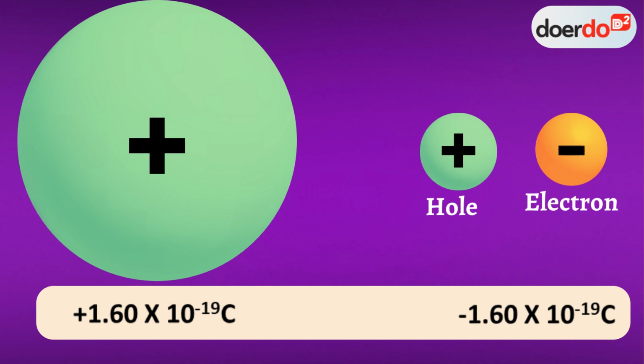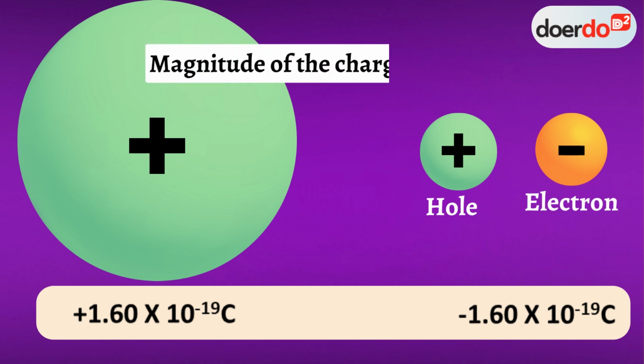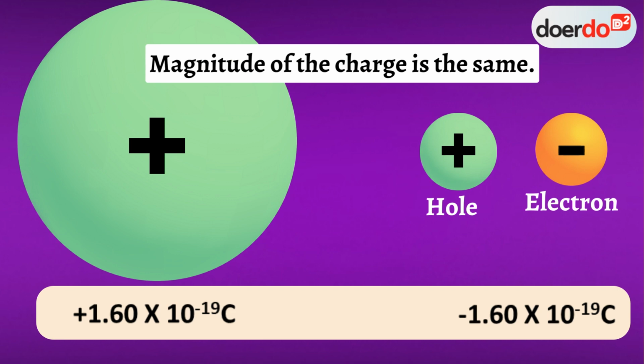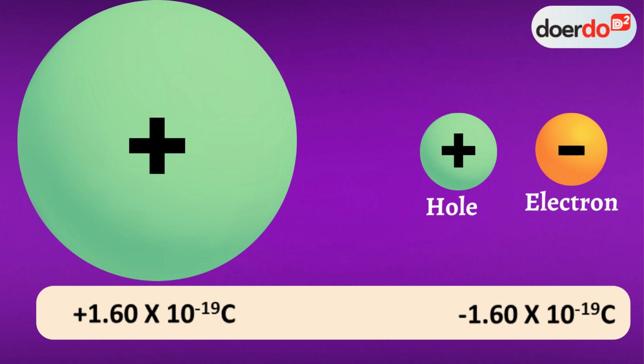A hole is an absence of electron, so it is considered to have a positive charge. And an electron is a negatively charged particle, so it has a negative charge. However, the magnitude of the charge is the same. As we can observe, one hole or one electron generates a very small amount of charge.